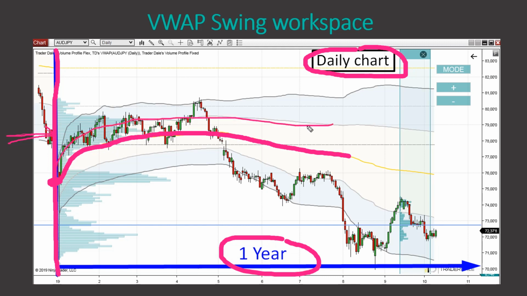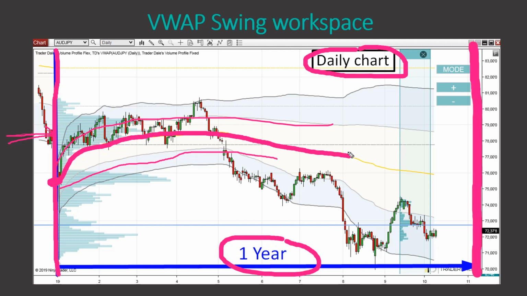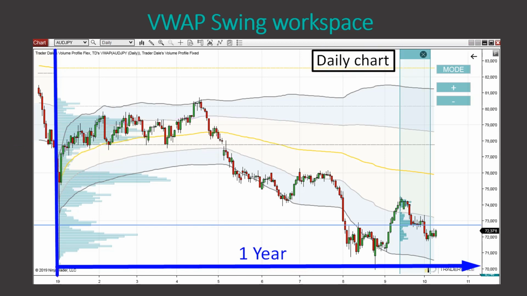The same goes for the deviations. All right. Now, when this year will end, VWAP will stop calculating and new one will start. All right. So this is how I plan my swing trades using the yearly VWAP. It gives pretty strong signals, the yearly one.